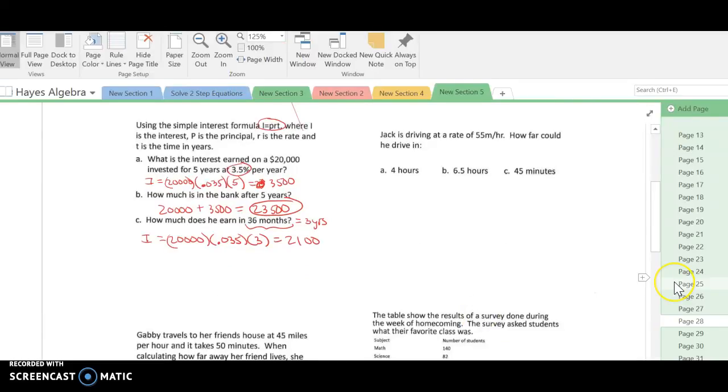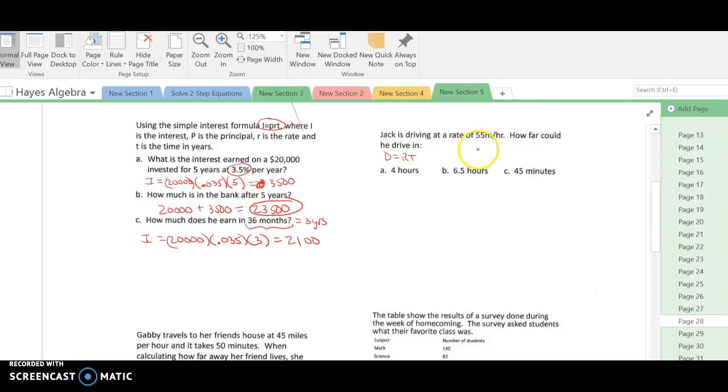So Jack is driving at a rate of 55 miles an hour. How far could he drive in 4 hours? Well, if you remember, distance is equal to rate times time, okay?